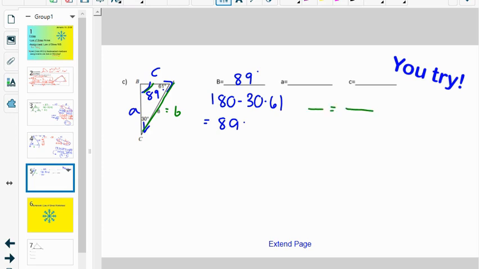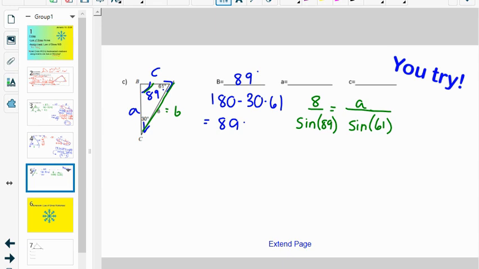So to set this up, the side goes on the top, so put 8 on top, and then sine of the angle at the bottom. Now on the other fraction, I'm going to put what we're looking for. We're looking for side A, and sine of angle A is underneath. All right, so there's our setup.